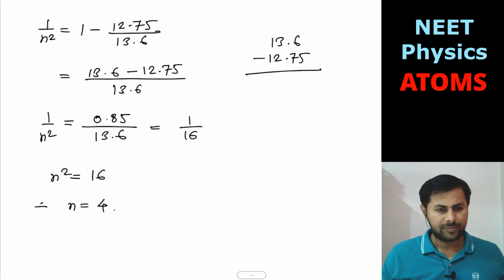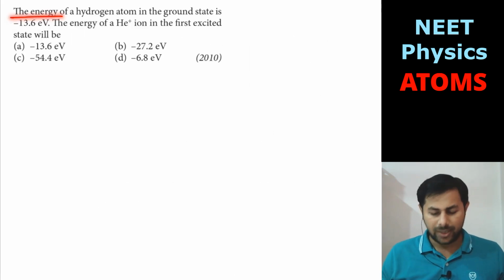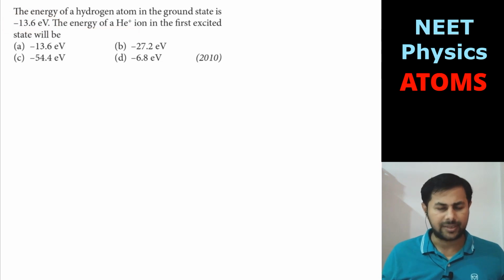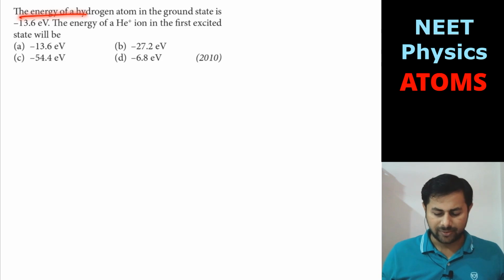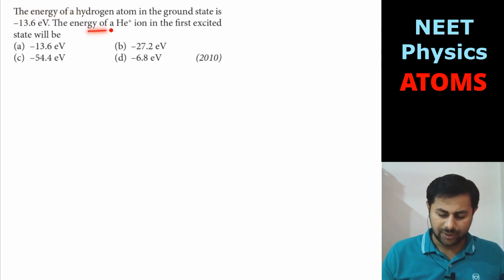The energy of a hydrogen atom in the ground state is minus 13.6 electron volts. The energy of He plus ion in the first excited state will be?